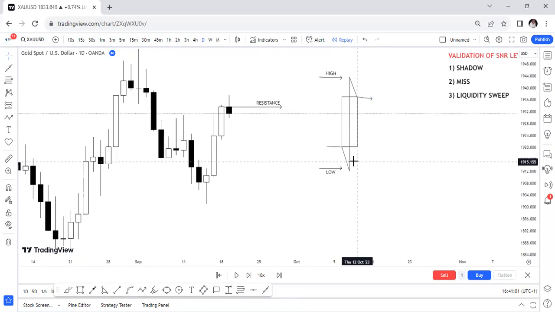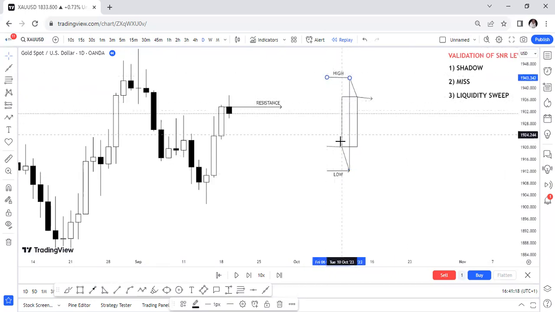So that's how a candlestick is formed. The range from this low to this level will be formed as a wick, the shadow. From this place to this place represents only the body.